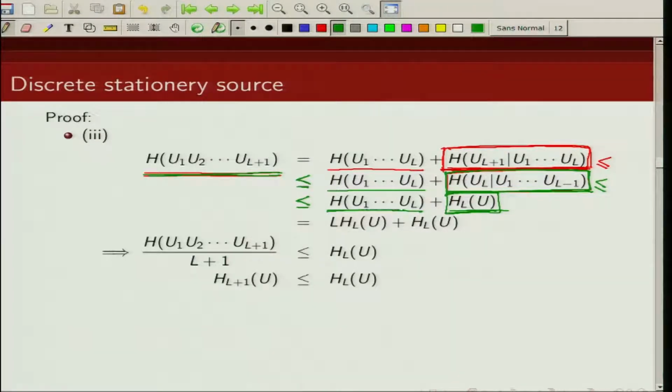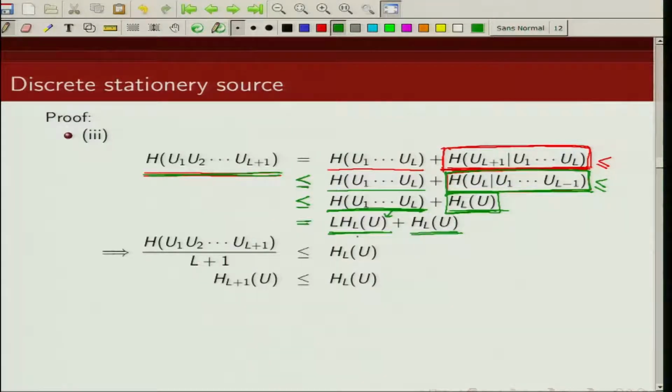Now what is this term? This term can be written as L times uncertainty per letter. So this is equal to this plus uncertainty per letter.